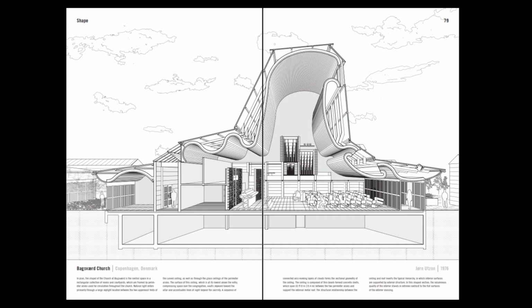This one's really beautiful. It's the Bagsvärd Church. Sorry if I read that completely badly, but look at how the roof is. This is just amazing. What else? Let's see. Oops. Back.